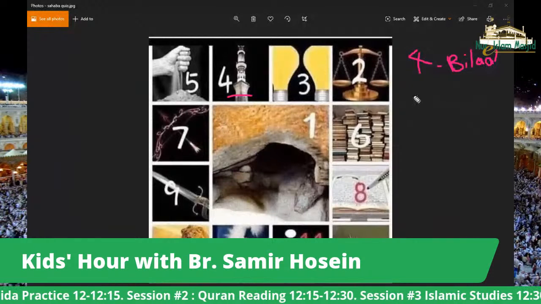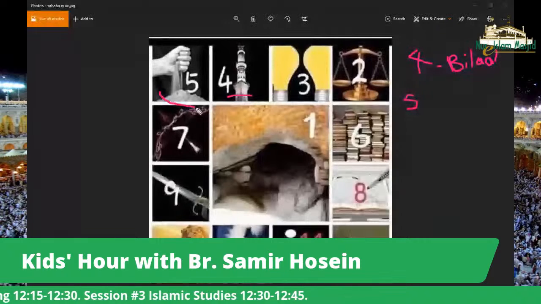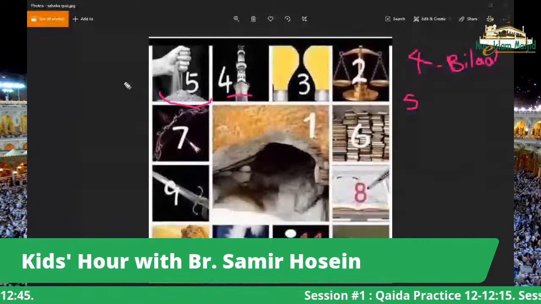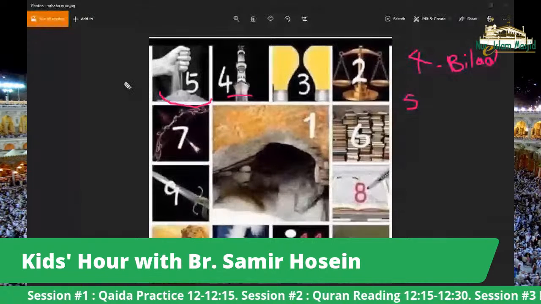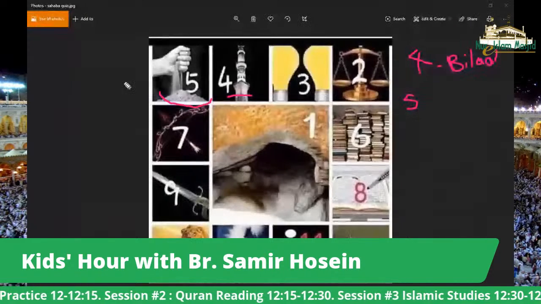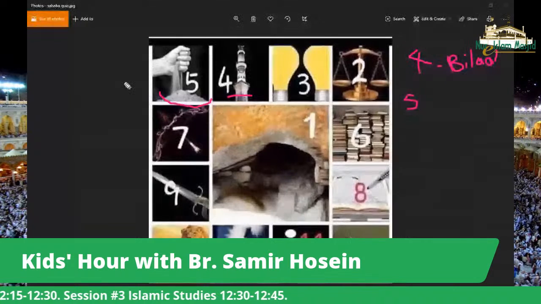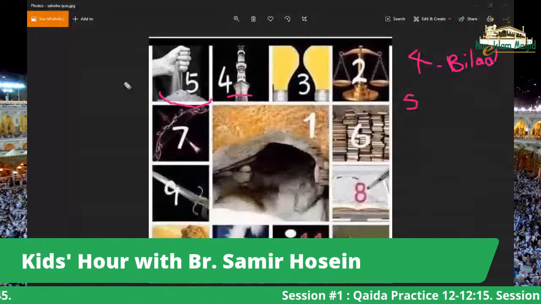Next, number 5, what we are seeing here is a handful of dirt or a handful of sand. And this here is referring to clearly some form of digging, right?